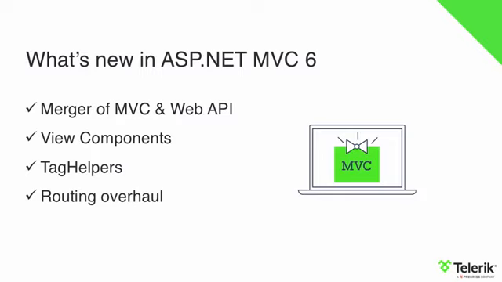You get to use something called view components, which are reusable pieces of server-side markup. The old HTML helpers of MVC yesterday are gone, and they're now replaced with much more polished tag helpers. MVC6 also gets a routing overhaul, so it has more robust fallback plans to find the resources that you're trying to serve up for your web application.